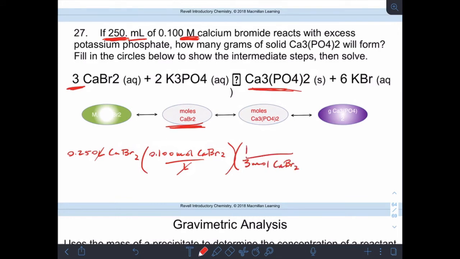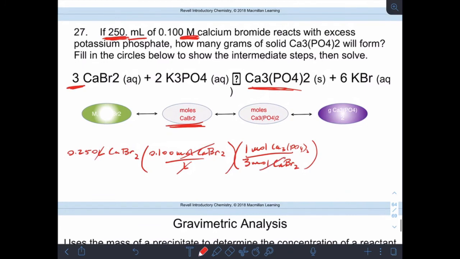I'm going to put my moles of calcium phosphate, Ca3(PO4)2, on the bottom. Okay, so my moles of calcium bromide will go away, and this is stoichiometry like we've been doing for a good while now. Okay, so if I stopped here, I would have moles of calcium phosphate.